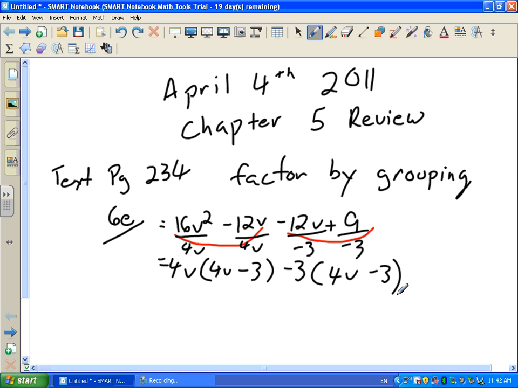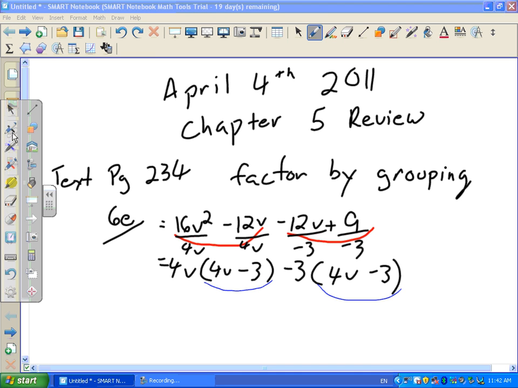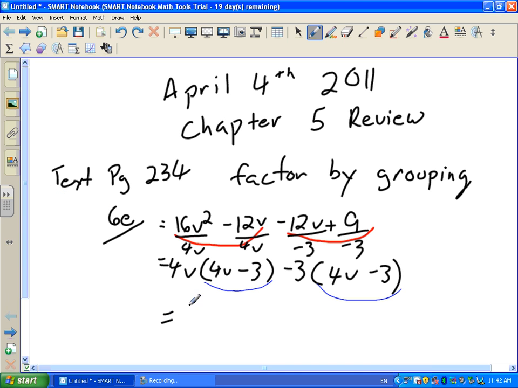If you now take a look, this bracket and this bracket are the same. So that's a common factor. I can once again, the same idea, take a common factor and leave whatever is left over after I take that common factor out. So I take out this 4v minus 3. That's what those two brackets were.